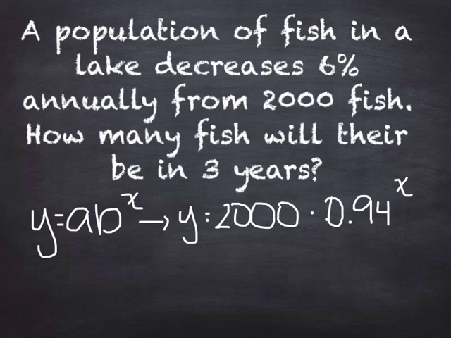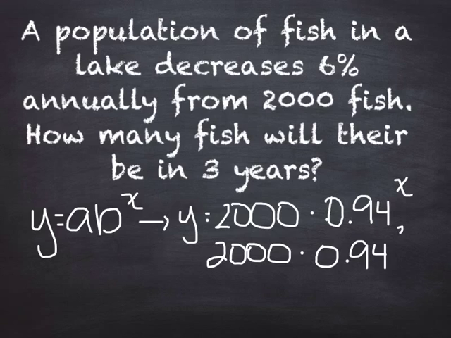We want 3 years, so instead of x, I will say 2,000 times 0.94 cubed. Plugging that into our calculator, 0.94 raised to the 3rd power times 2,000.